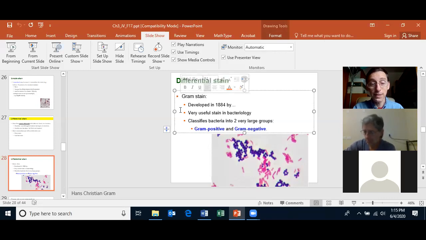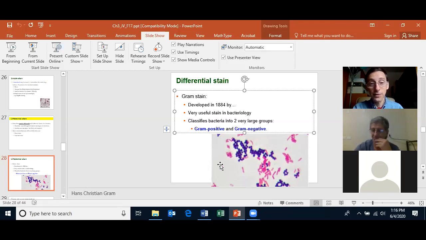He developed this stain to differentiate between a patient's cells and the bacteria cells. I would assume the patients he was looking at had Gram-positive bacteria infecting them, and their human cells stained Gram-negative. So he intended it as a differential stain to be used in the clinic to distinguish bacteria cells from human cells.